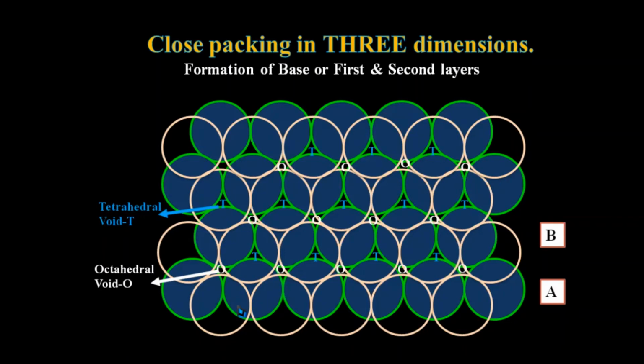Therefore they are called octahedral voids. This is our AB type of three-dimensional close packing. But here we form the two layers only, the base layer and the second layer. Later on we will discuss the formation of a third layer.